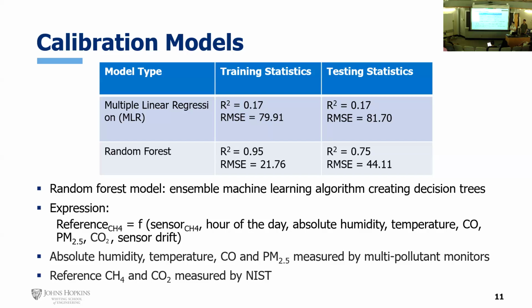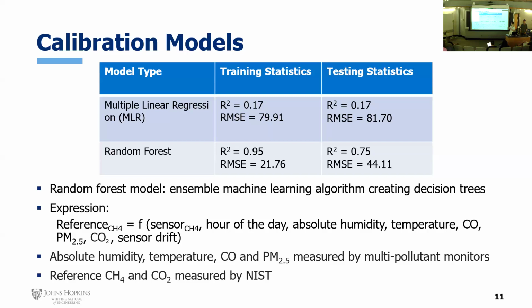Predictors considered in our calibration model include internal multi-pollutant monitor measurements of absolute humidity, temperature, carbon monoxide, and PM2.5. Reference methane and carbon dioxide are measured by NIST tower sites.